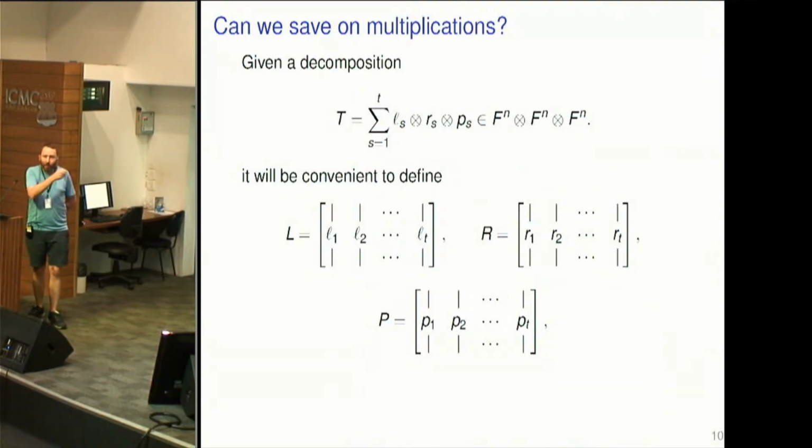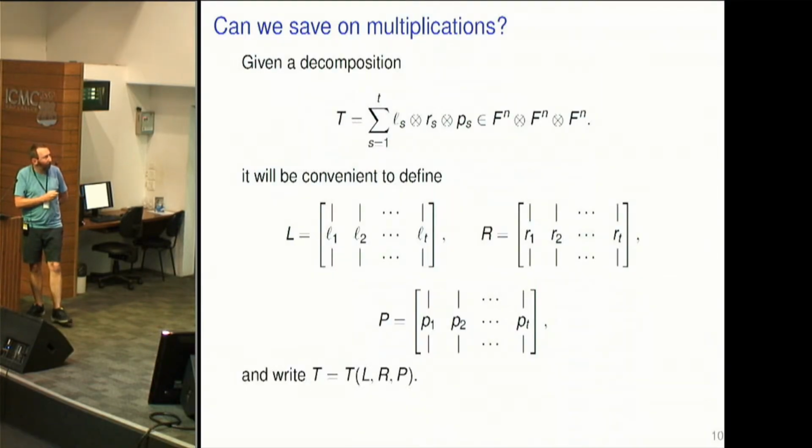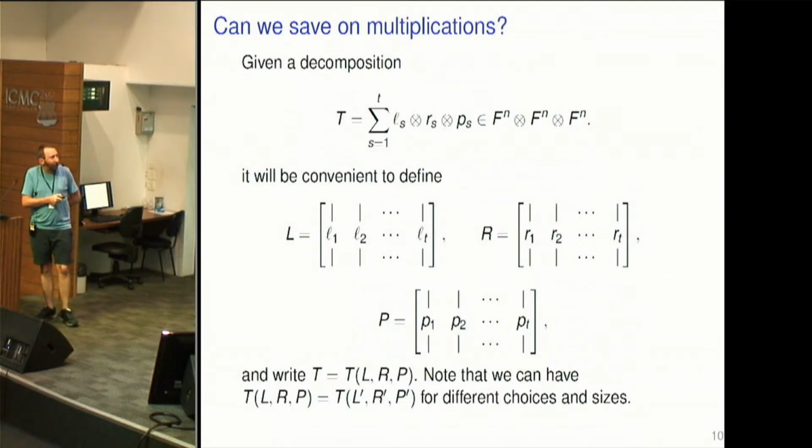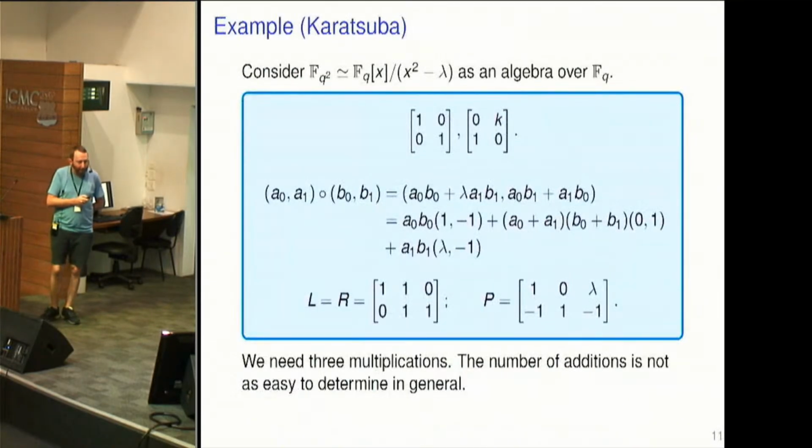Usually these are transposed, but I just wanted to fit them on the slide better. And I can write the tensor as then the tensor of L, R, P. So if I can find these matrices, then that saves us some multiplications. And yeah, these things are not unique. There are lots of different triples that can give you the same tensor.